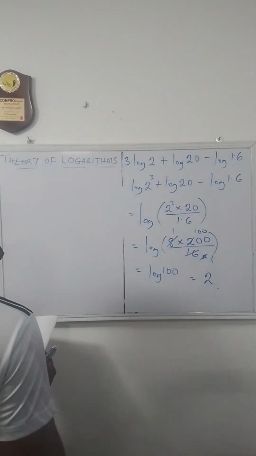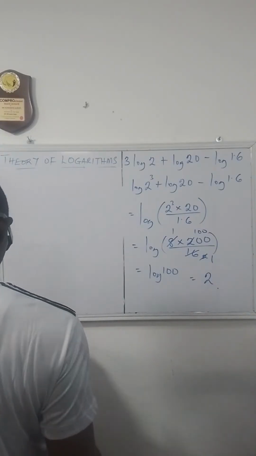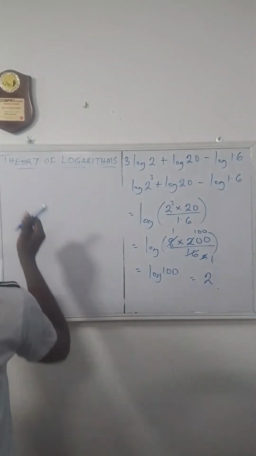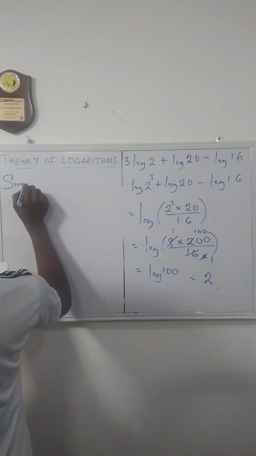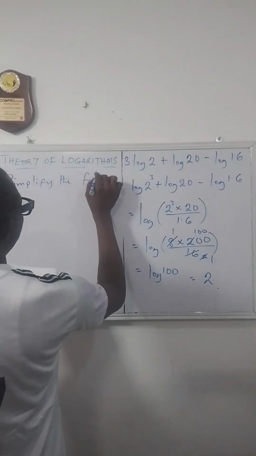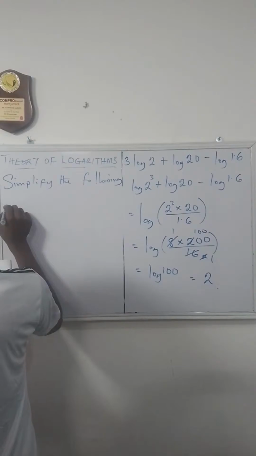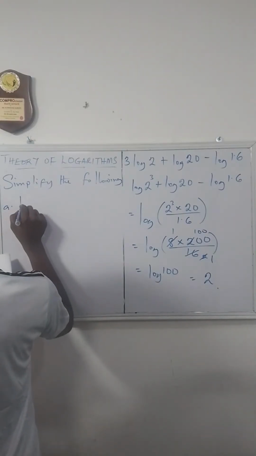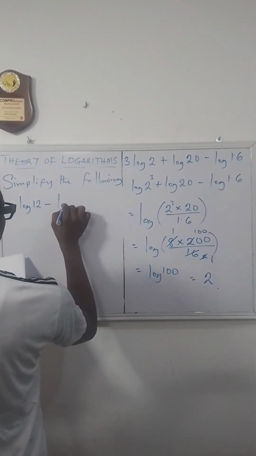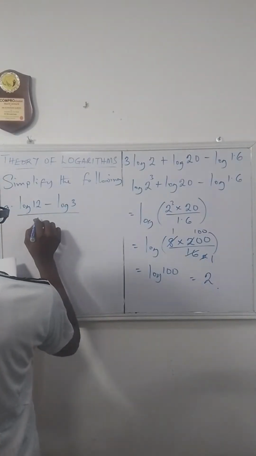Okay, now let's move down to the next question. Simplify the following. A: log of 12 minus log of 3 over log of 16.